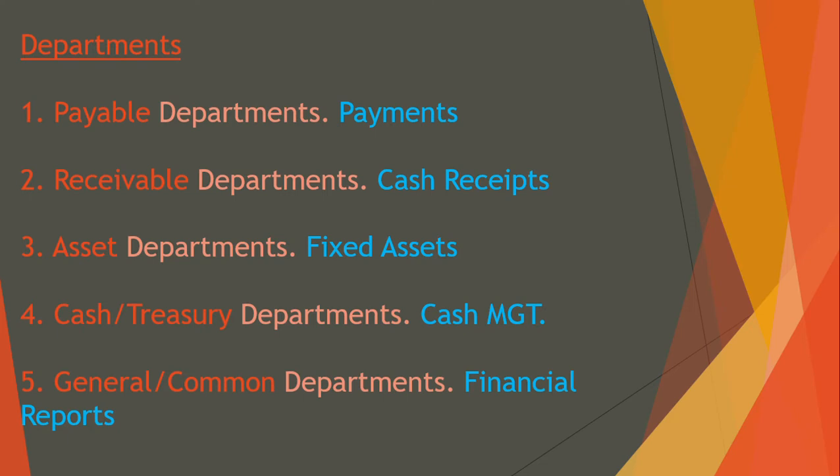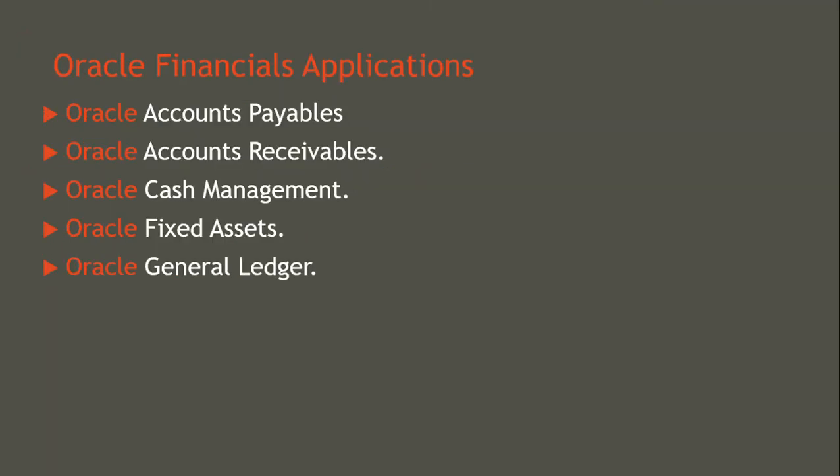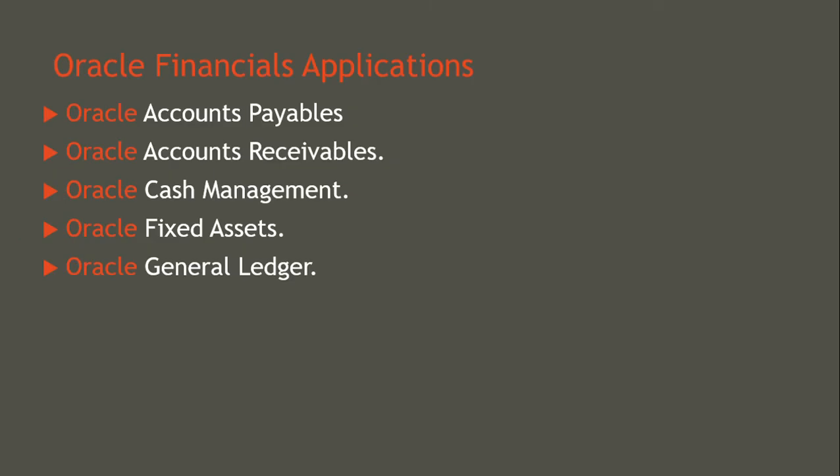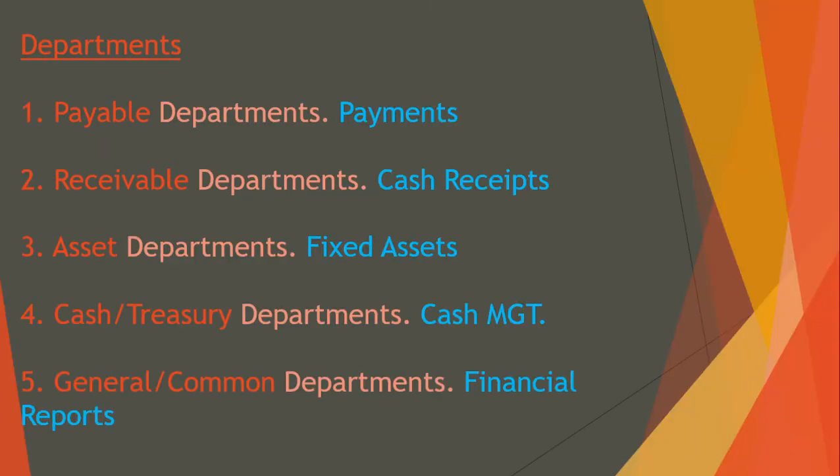Next we have the general or common department, where we prepare reports. The financial reports are prepared in the general or common department. With that kind of arrangement, Oracle came up with the Oracle Financials application based on the departments that we have in organizations.